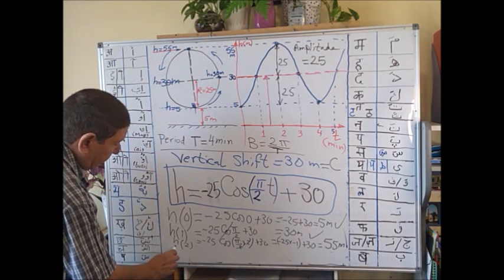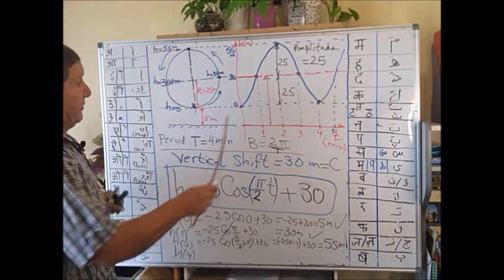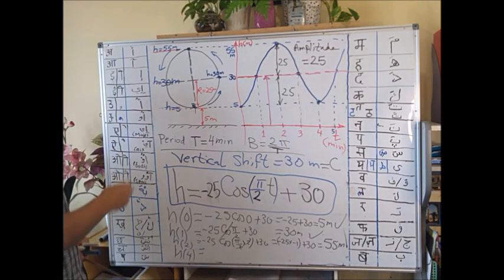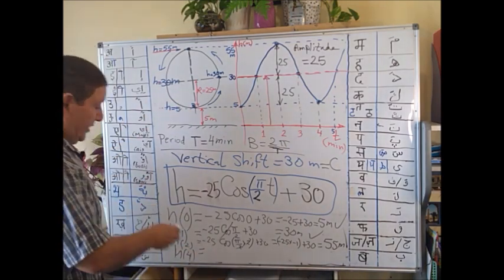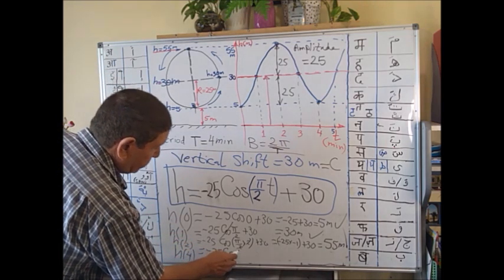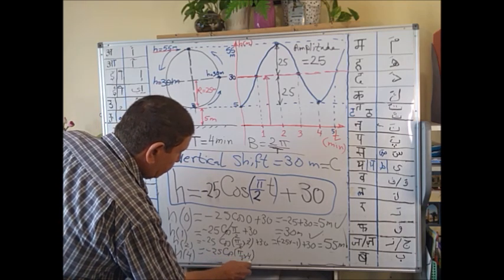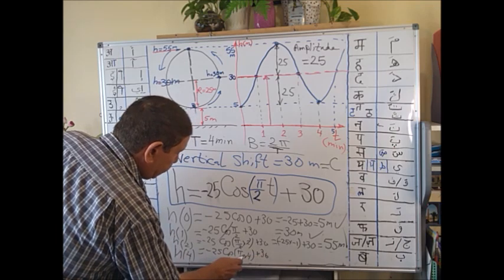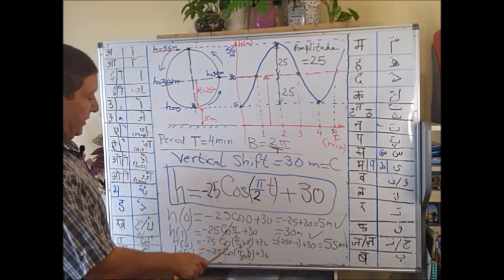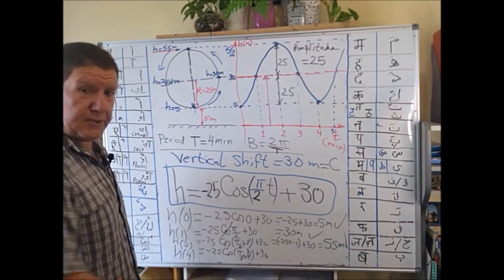And finally, t equals 4. After 4 minutes, completing the cycle, we expect that it comes back to the same point, that is, h should be 5. So that will be minus 25 cosine of pi over 2 times 4, plus 30. Again, divide by 2, that's 2 pi.